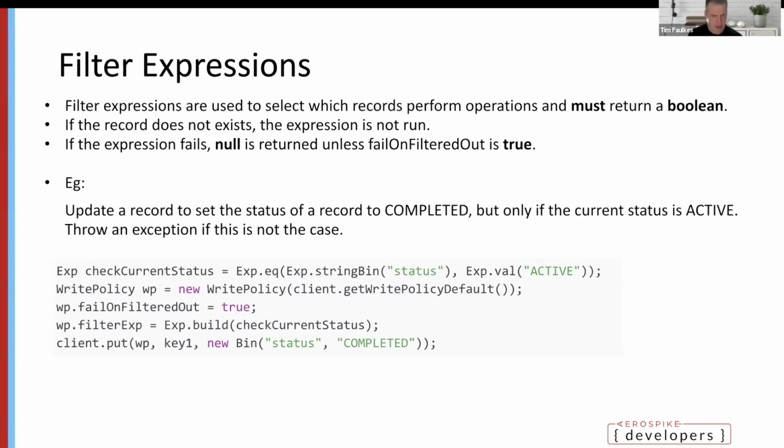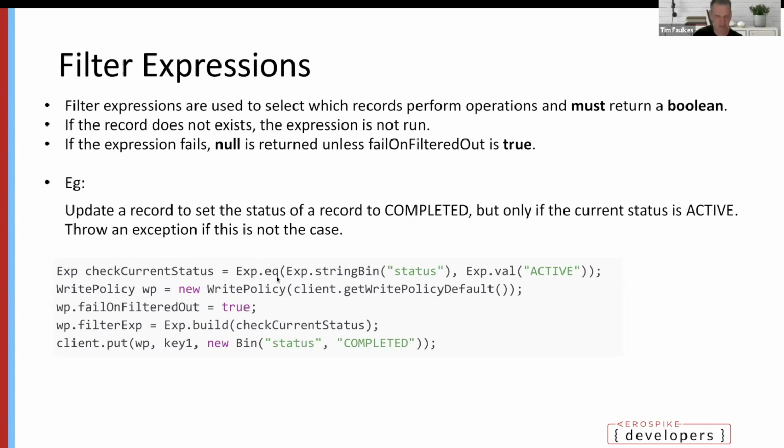Now, let's say I've got a record. I want to update the status of that record to be completed, but only if the current status is active. If the current status is not active, something's gone horribly wrong with my state management, so I want to throw an exception. In this case, it's a fairly simple example.